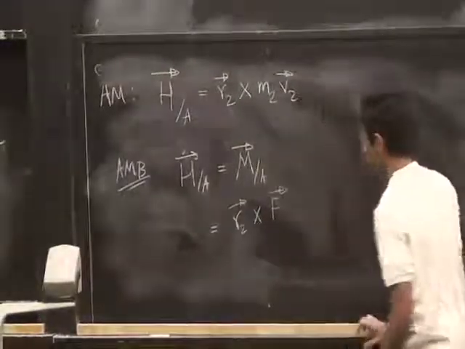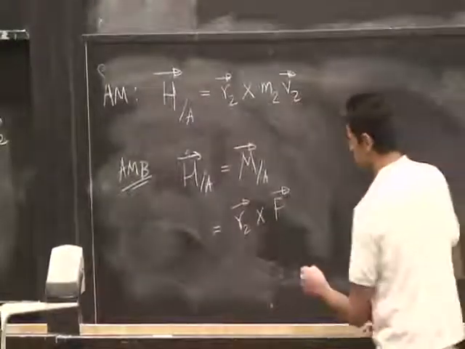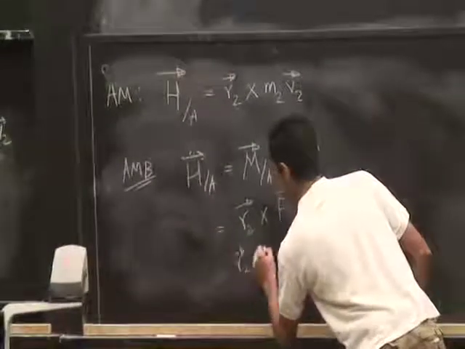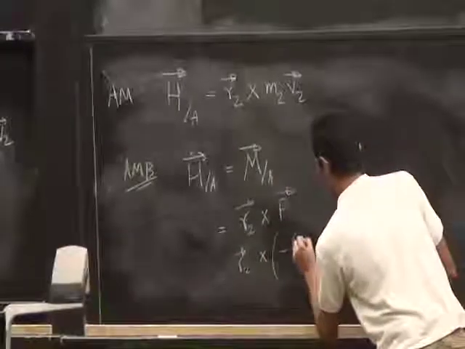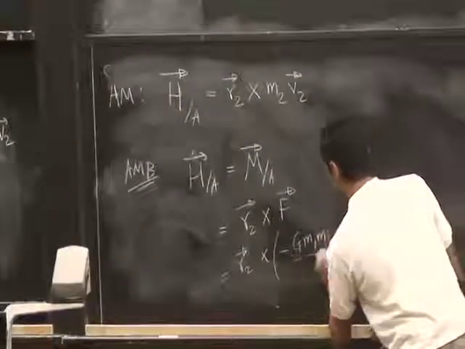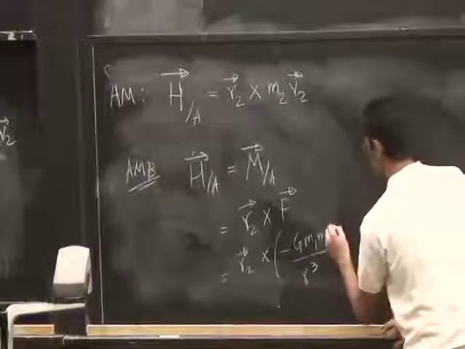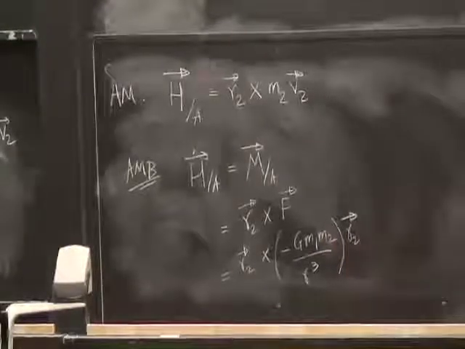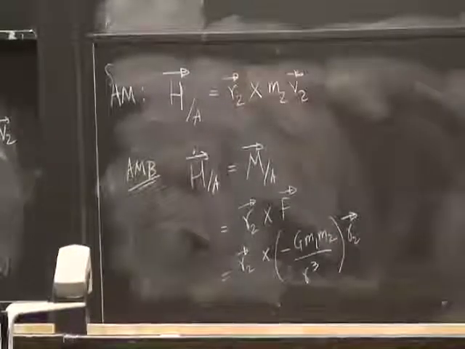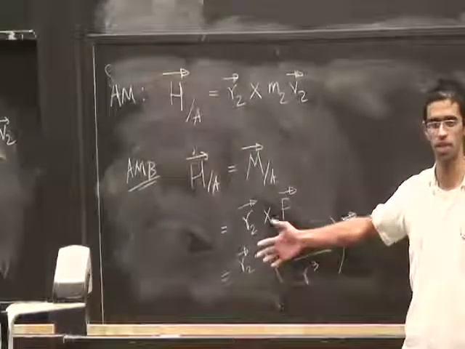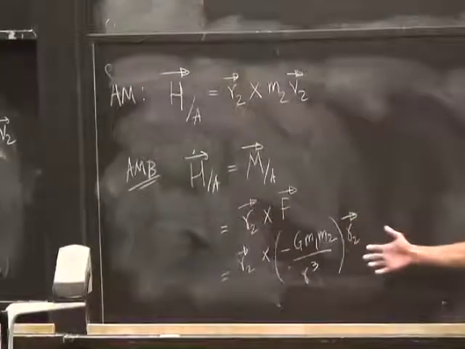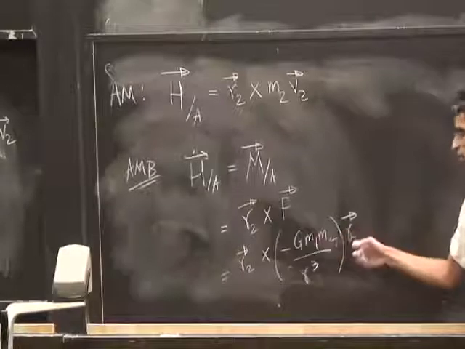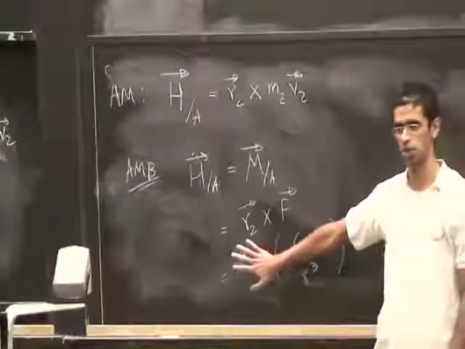But what is the force? The force is minus G M1 M2 over R cubed times R2. But can you tell me what this quantity is? I have a scalar times R2, and that is crossed with R2.